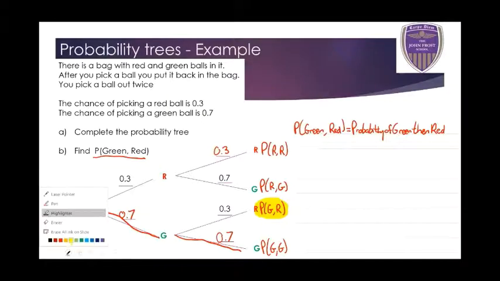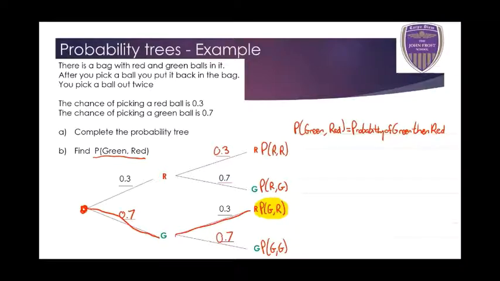So what's our final answer for this question? Well, when we go across a probability tree, from left to right, we look at the probabilities of the events, in this case 0.7 and 0.3, and we need to multiply them together to find the probability of both of them happening.